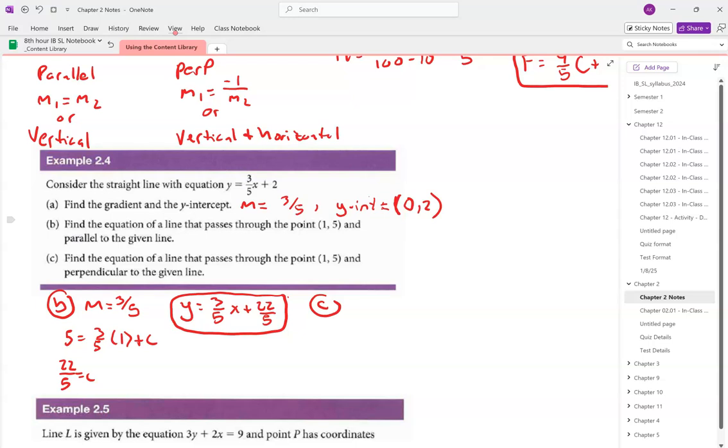Find the equation of a line that passes through the point 1, 5 and is perpendicular. What's the slope going to be for this guy? -5/3.